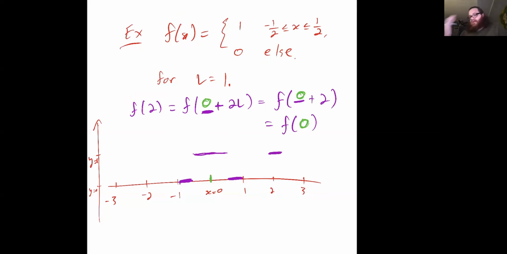You can do the same thing with other points, and what you should end up with is about halfway between those two things. It's going to be 1, else it's going to be 0. Do the same thing over here. It's going to be 1 about there, 0 in there. So we've sketched the periodic extension.